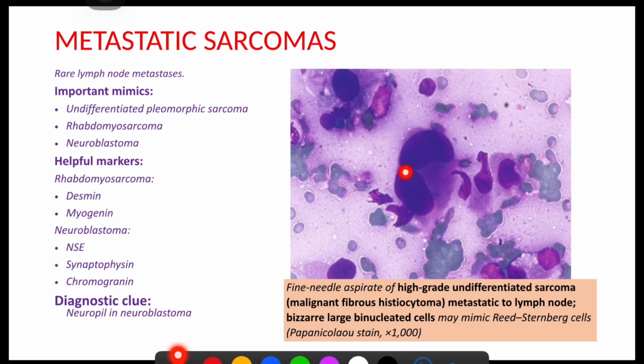Here you can identify bizarre large binucleated cells which may mimic Reed-Sternberg cells. Useful markers in rhabdomyosarcoma are desmin and myogenin. In case of neuroblastoma, NSE, synaptophysin and chromogranin. The diagnostic clue is neuropil in neuroblastoma, and this IHC is a must to differentiate from other patterns.